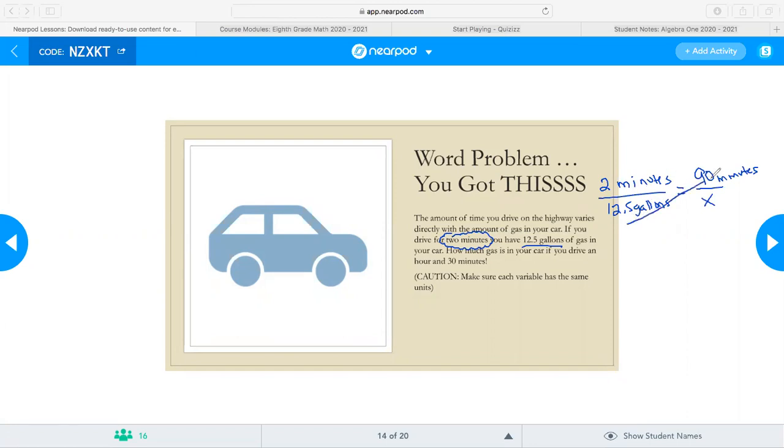So I'm going to go ahead and cross multiply. Two times x is 2x. 90 times 12.5 is 1,125.